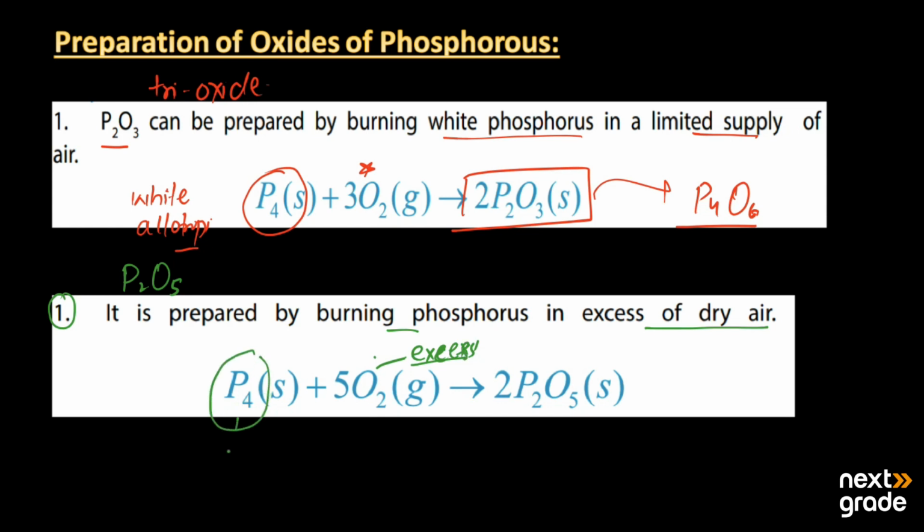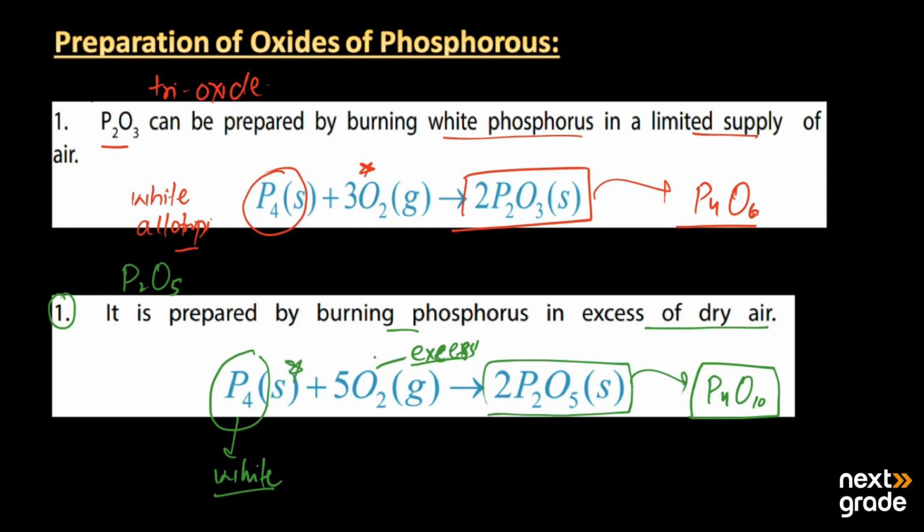We also take the white allotropic form of phosphorus in the solid state, and after the reaction it produces P2O5, which can also be written as P4O10. This is called phosphorus pentaoxide, and it can easily be prepared by this process.